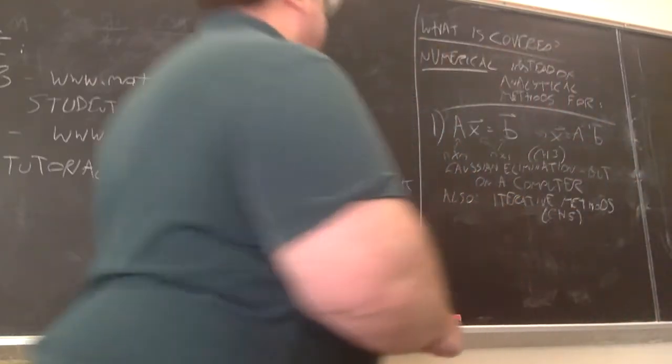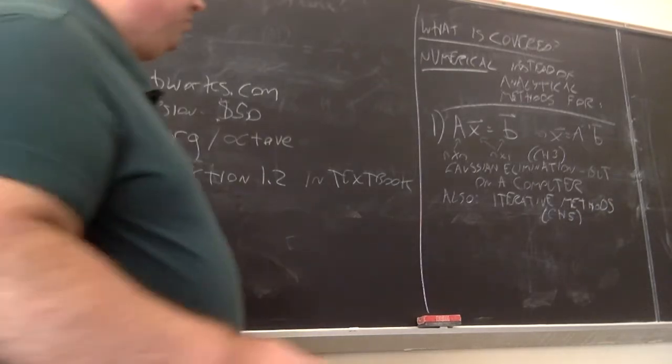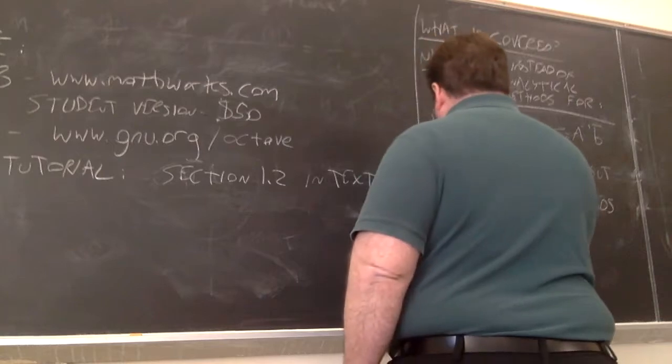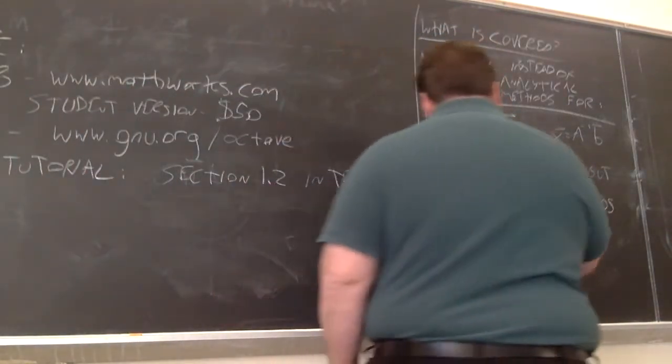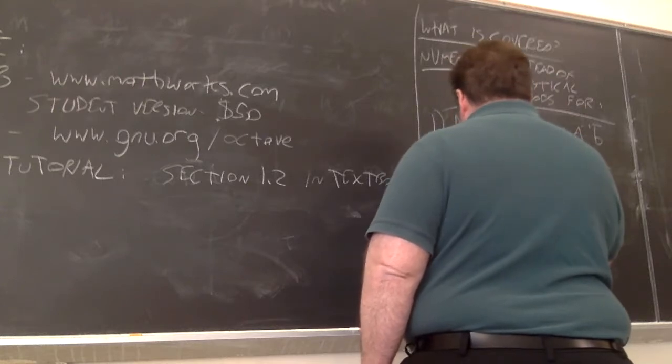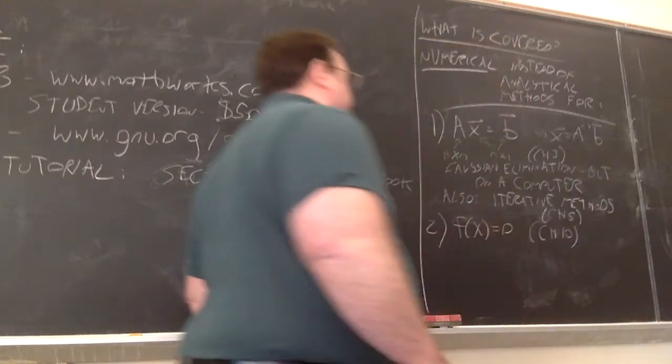Okay. All right, so then later on, we're going to look at the next kind of problem, very simple to describe. F of x equals 0, covered in chapter 10.